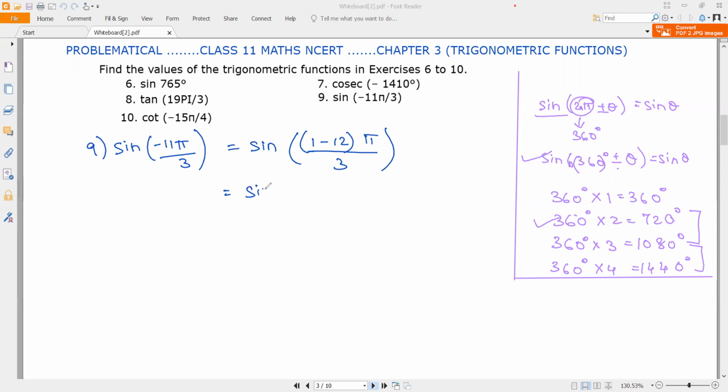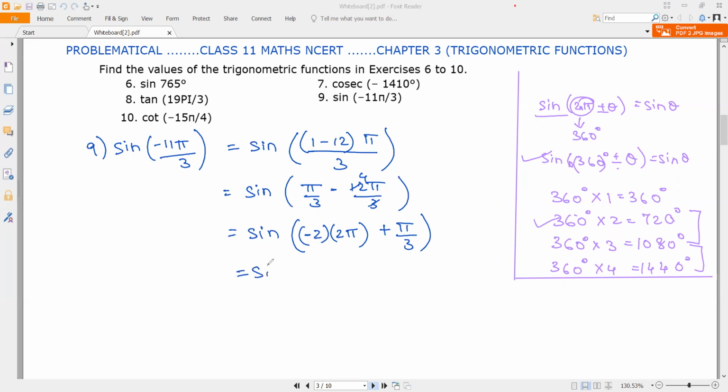This is equal to sine of pi by 3 minus 12 pi by 3, which is sine of minus 4 pi plus pi by 3, where minus 2 is taken as the multiple. Again, n has to be an integer, so this can easily be written as sine of pi by 3. Sine pi by 3 is root 3 upon 2. This is the value of sine minus 11 pi upon 3. We will have to give the reason that sine of 2n pi plus or minus theta is equal to sine theta.